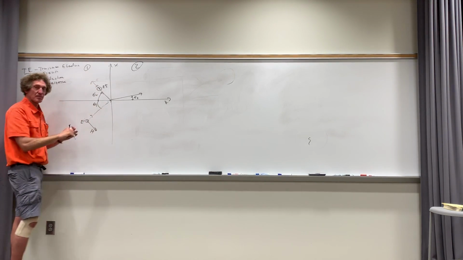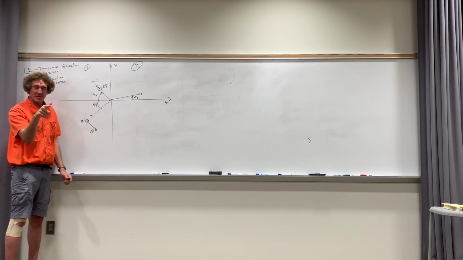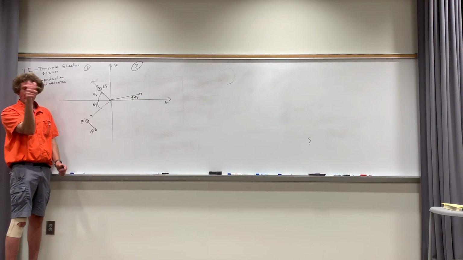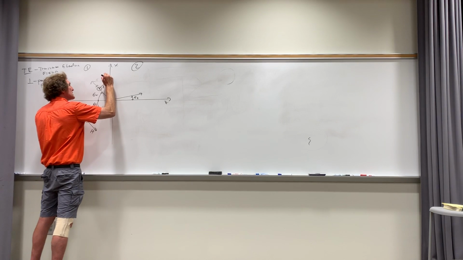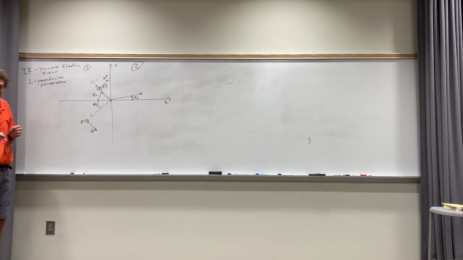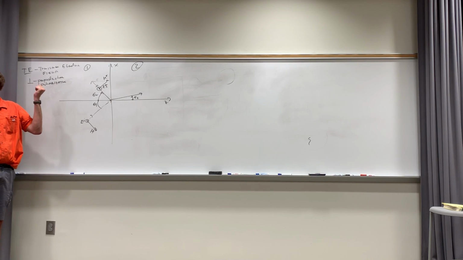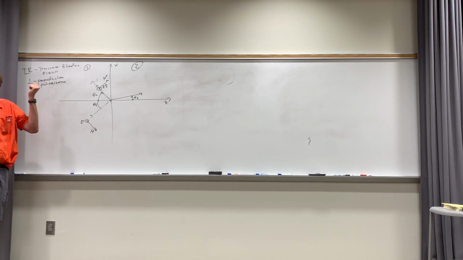It's reflected, so E crossed H has got to be in that direction. That means the H field looks like this, and that's H reflected. I'm doing my best. Can you all appreciate this? E crossed H is the direction of propagation. If I've got E and I know the direction of propagation, I can figure out what H is. All these three vectors are always perpendicular to one another.